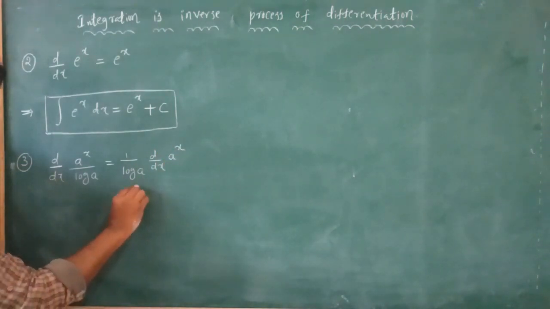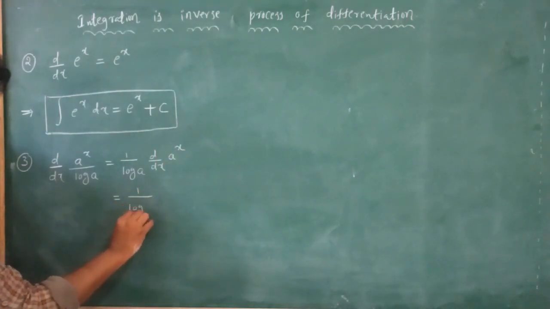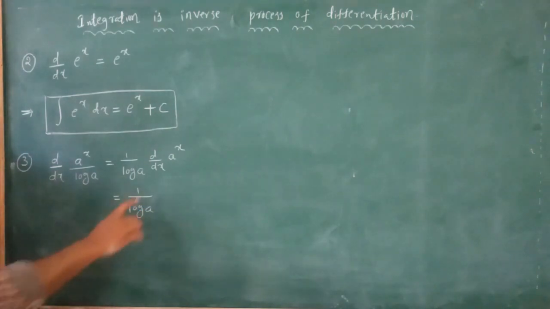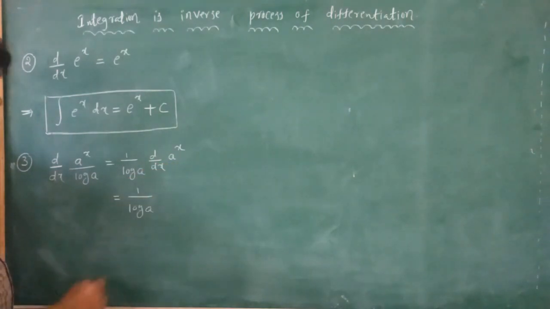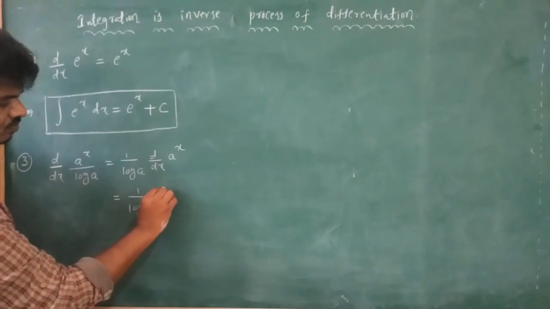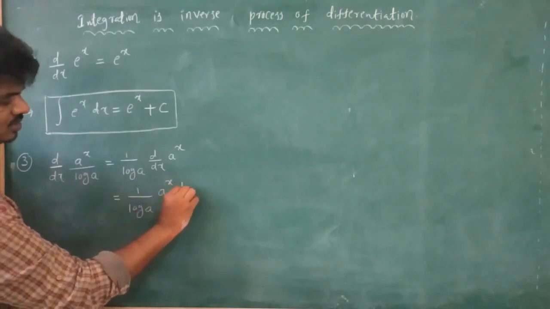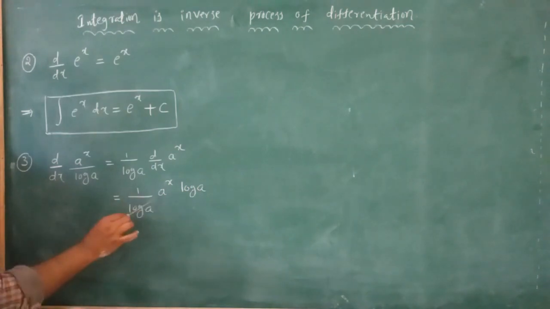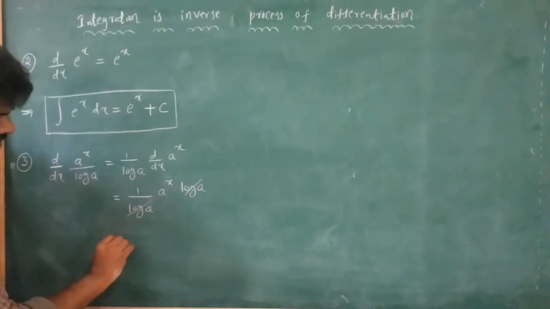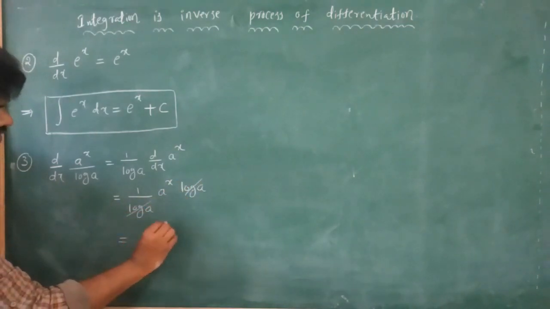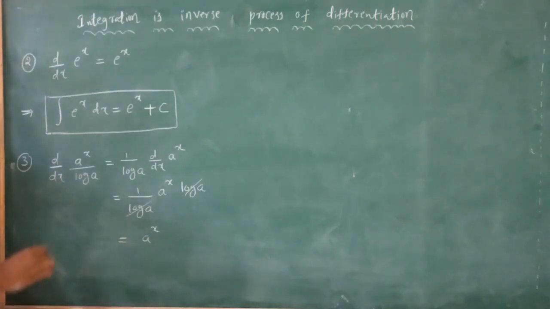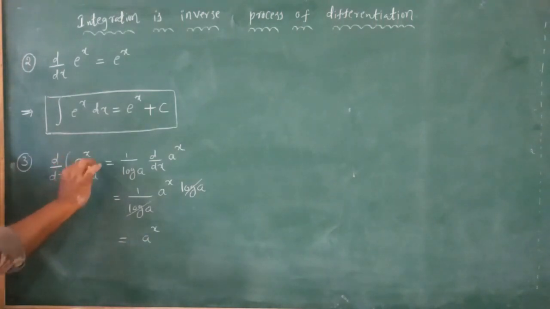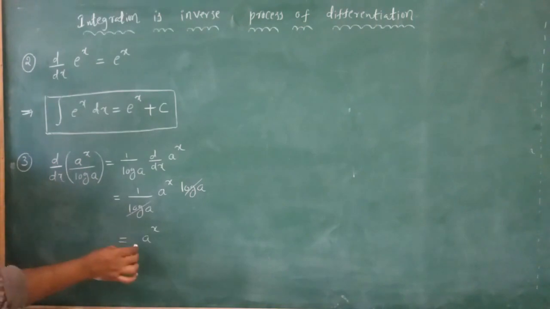Now this is equal to 1/log a, and already you know that the derivative of a^x with respect to x is a^x times log a base e. Here log a gets cancelled, that is a^x. So finally, the derivative of a^x divided by log a is equal to what? a^x.